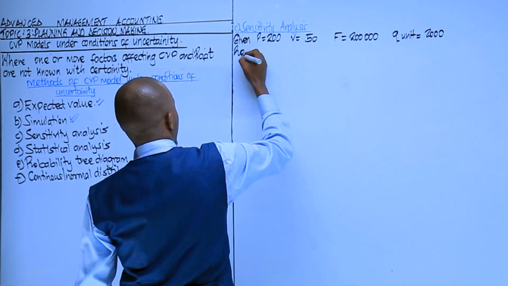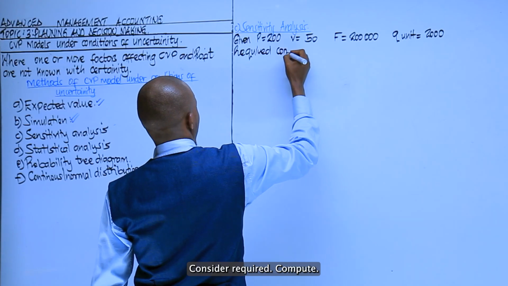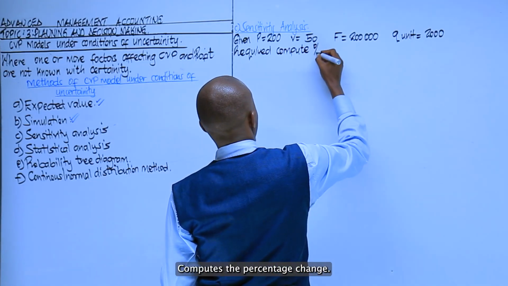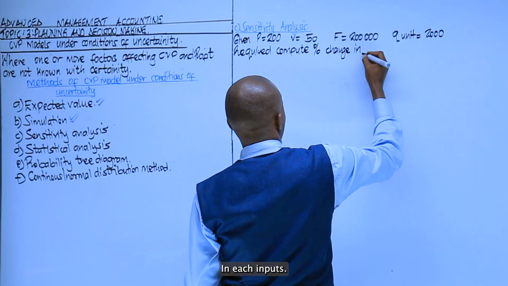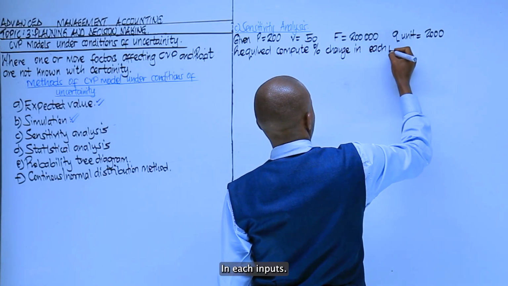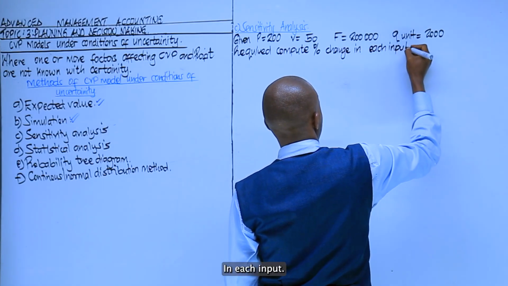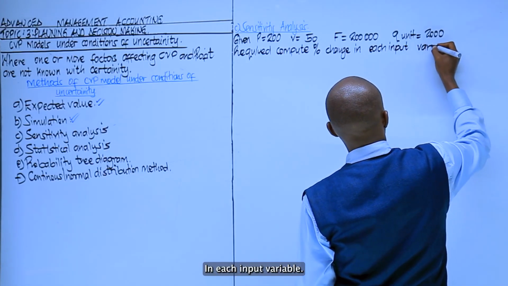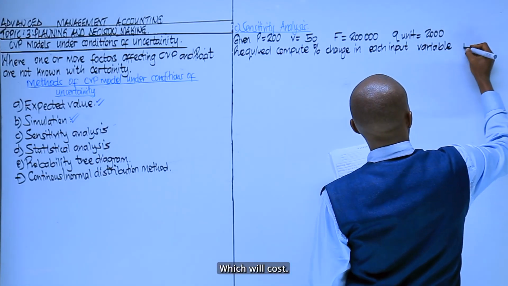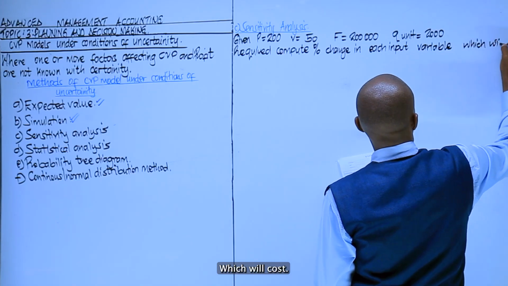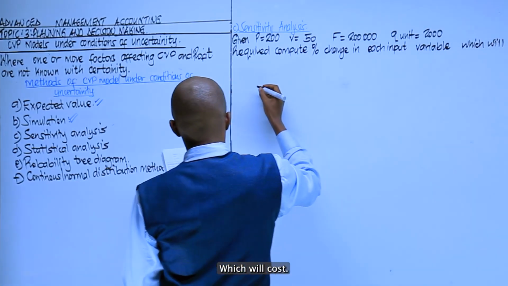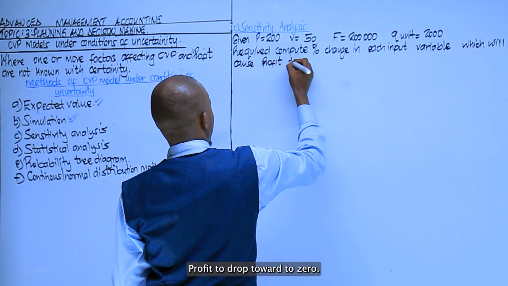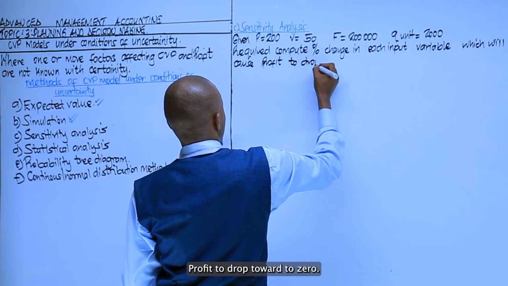Then required, compute the percentage change in each input variable which will cause profit to drop to zero.